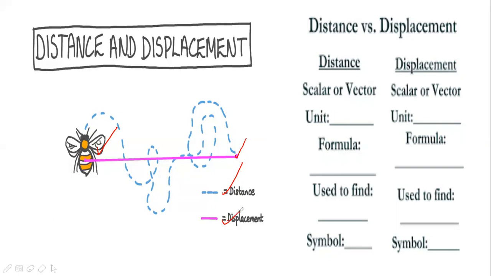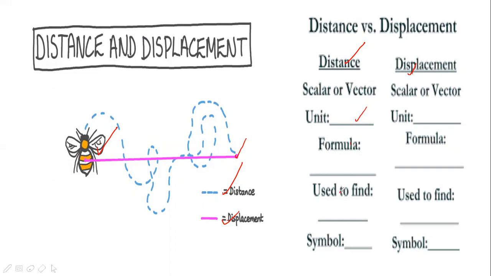Now a sheet has been given on the next page. Do it and take it as a home assignment. Here, distance versus displacement. Scalar or vector, you should choose any one. Distance is scalar or vector. Write the unit of distance. Write the formula for distance.